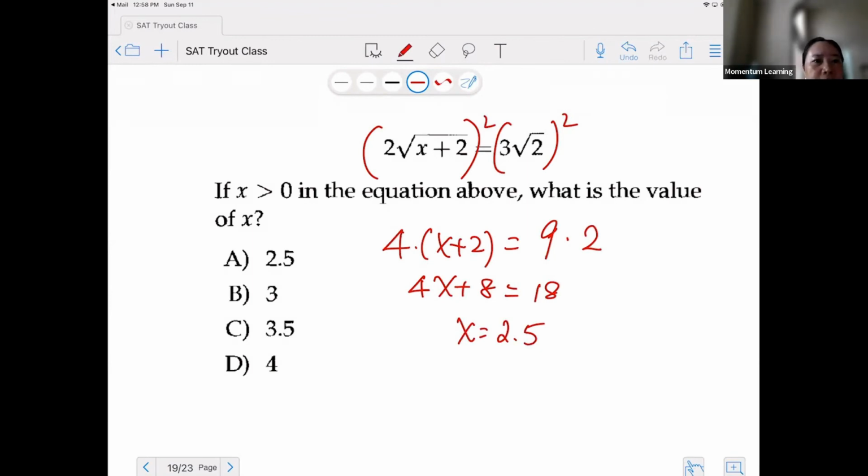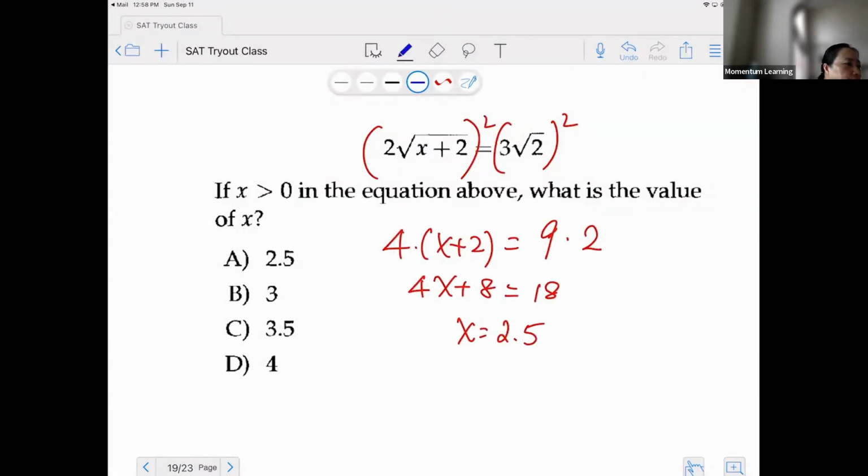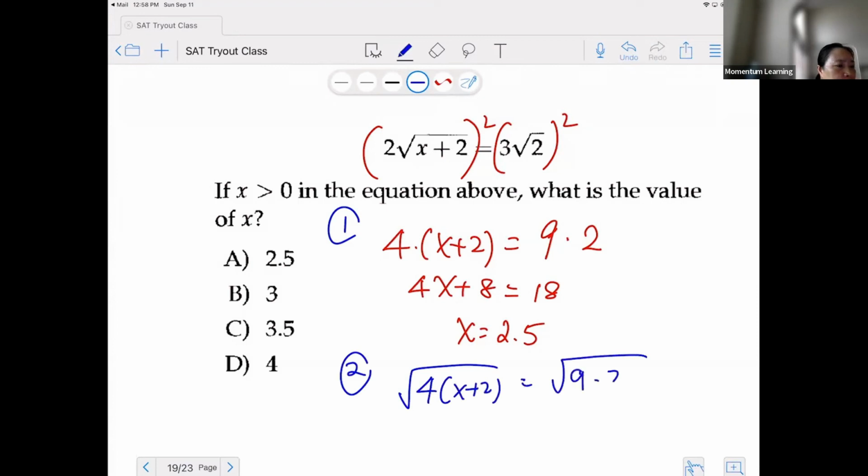I put the right side as 18 and then solve the left. So this is the square both sides method. And then of course you can put the 2 inside. If you put the 2 inside, it's basically the same. Put the 3 inside, 3 squared, 9 times 2, and then solve it. Okay, very good.